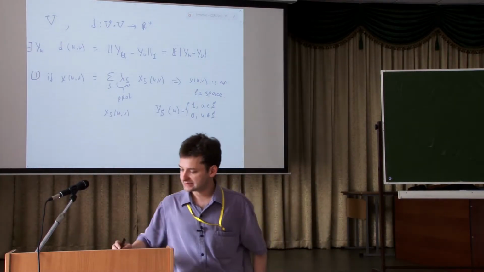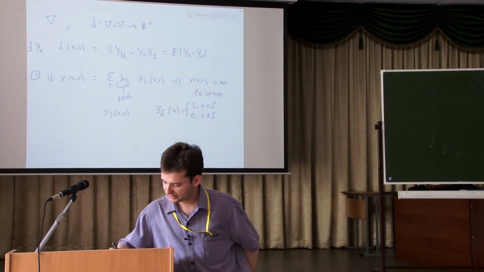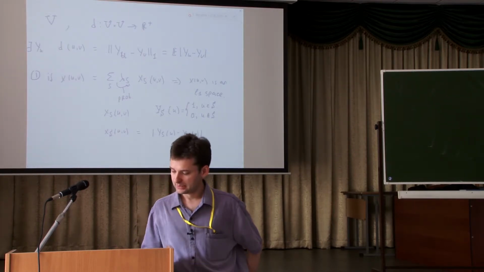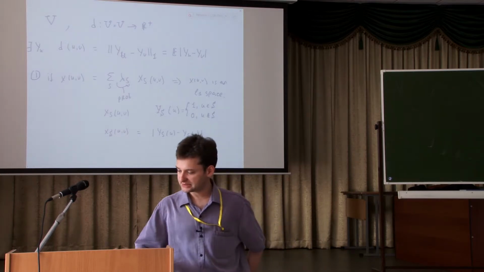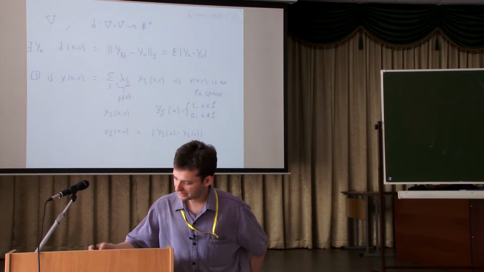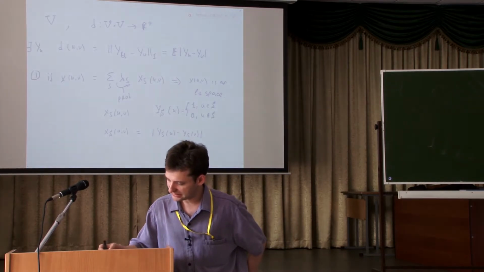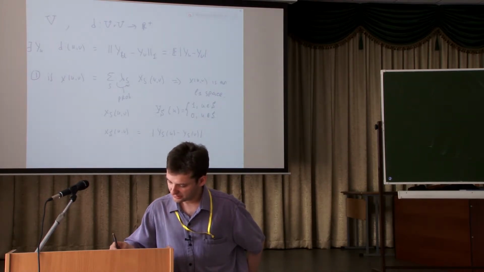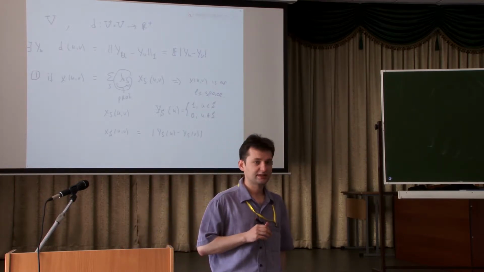In this case, if you look at two points u and v, then x sub s uv is exactly equal to the absolute value of ys of u minus ys of v. And the probability of this s is going to be exactly the coefficient lambda sub s, as we have in the convex combination. Okay. Is it clear?